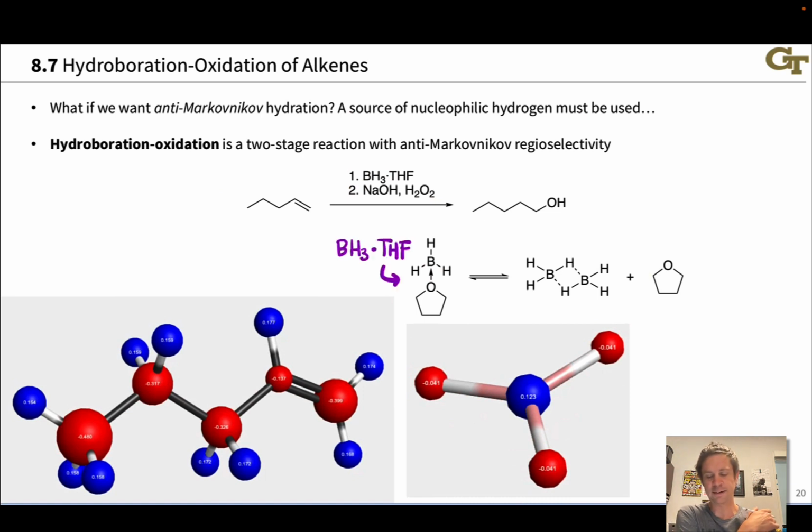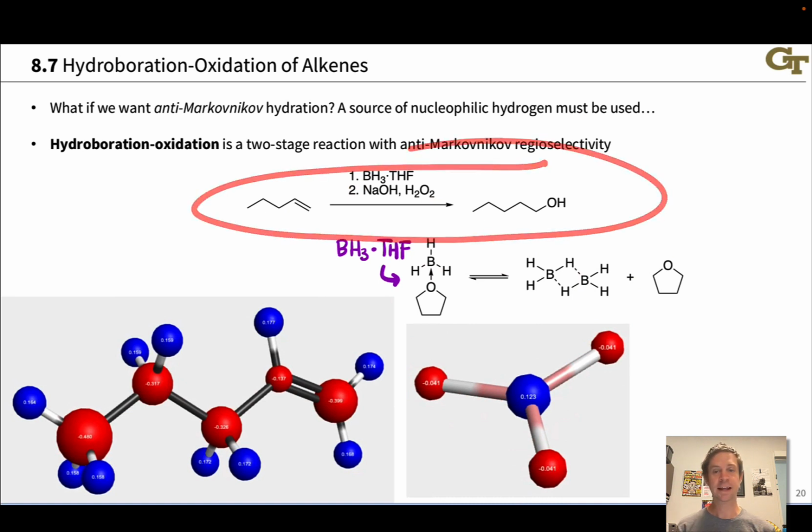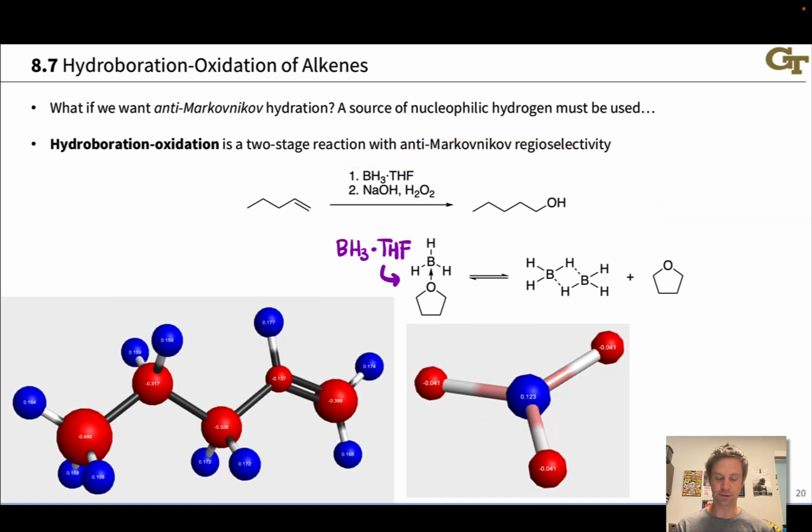So this BH3•THF reagent is really just a source of BH3. THF dissociates reversibly from the complex, and BH3 ends up present in small concentration, but large enough concentration to add to the alkene. So notice that the overall reaction here is an anti-Markovnikov hydration. Hydrogen is added at the more substituted position in the initial alkene, and OH at the less substituted position.